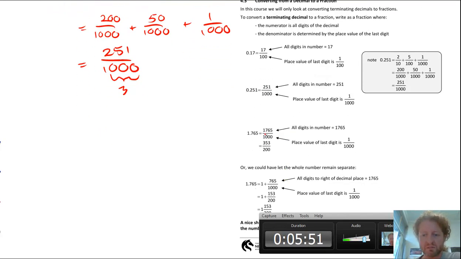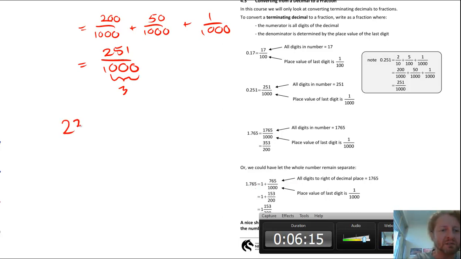1.765, I'm going to 3 decimal places here, and hence the 1,000. Simplify it. Note that when you've got a mixed decimal like this, where you've got a whole number part and a decimal part, that 1 doesn't have to play a part in your conversion to a fraction. It can just sit out the front. Here we separated the 1 and just converted the decimal part.